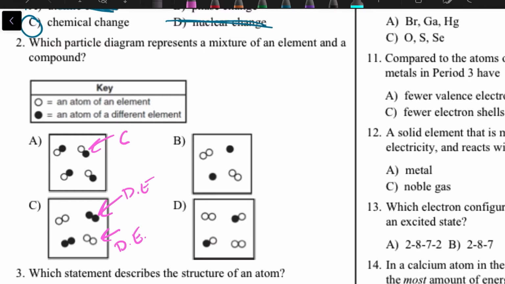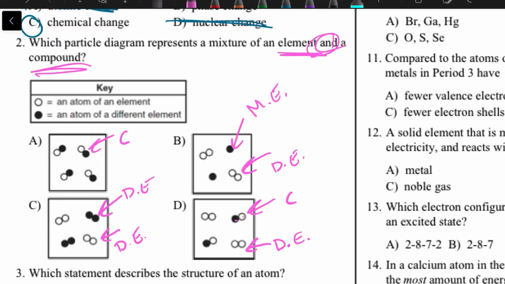It's a diatomic element that cannot go anywhere without its twin. If you have a singular circle all by itself, that is a monoatomic element. This is another diatomic. And then compound, because you have 2 or more different colors, and this is a diatomic element. The question says mixture of an element and a compound, so the only one that has both is answer choice D.